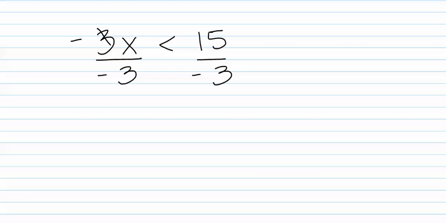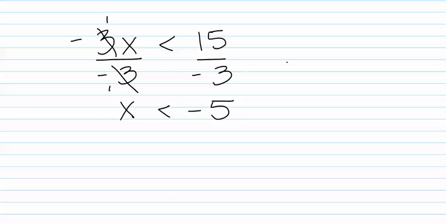And these -3's now reduce to 1's, so we just have an x over here. And let's say we didn't think to change the direction of the symbol, and we ended up with an answer that says x is less than -5. What that's telling me is my solutions to this problem are numbers that are less than -5.